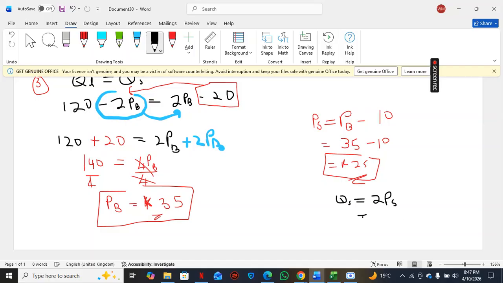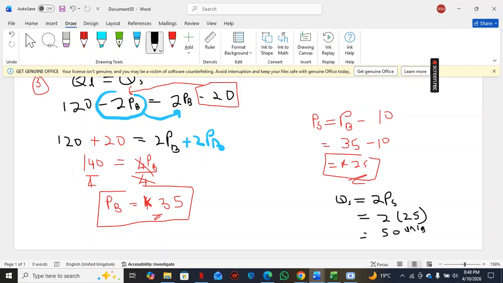So we just say 2 times 25, the new quantity supplied is 50 units. Originally, the quantity supplied was 60 units. Now the tax has come in, so the supply has reduced from 60 to 50 units.